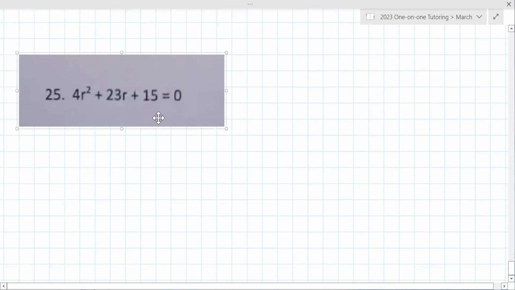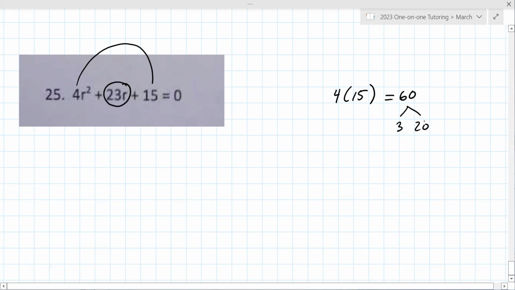Okay. So this is where I'm telling you what it is, and that's where you're going to need to get more comfortable. You have to multiply the 4 and the 15, which is 60. So you want two numbers that multiply to 60 but add up to 23. In this case, it's 3 and 20. So it's 4r squared plus 20r plus 3r plus 15 equals 0.